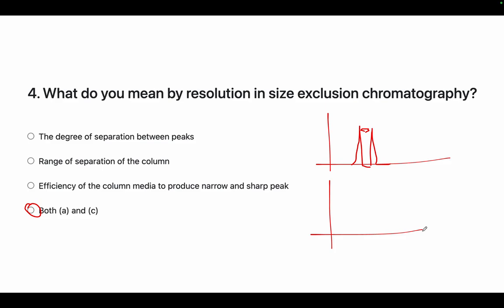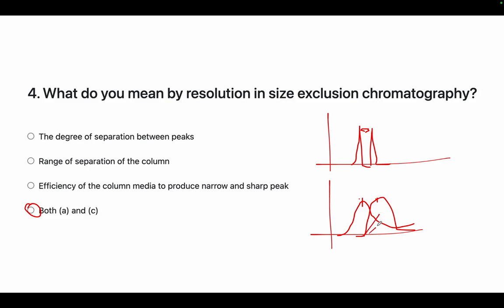But suppose my column media is not an efficient column media and it is not producing a sharp peak. Instead I'm getting a broad peak. So I can still get one peak over here and one peak over here. But because I'm not getting a sharp peak, this peak will come like this, and this peak will come like this. Now, even though the top of the peak is in the same place, you would not say that these two proteins are separated from each other properly, right?